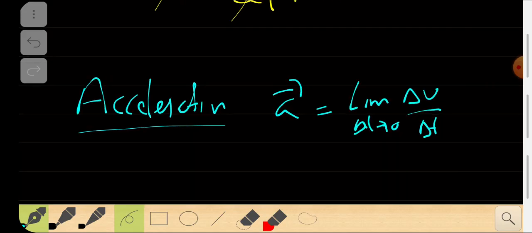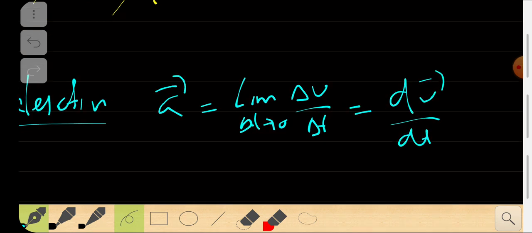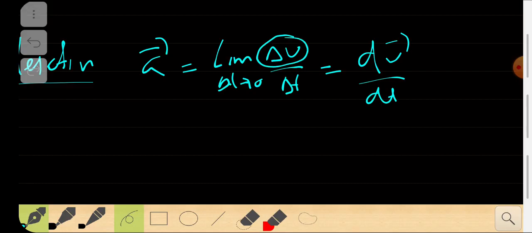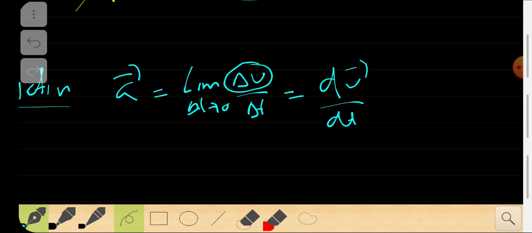That's the textbook definition of acceleration. So you can write it as dv by dt, the differential of v with respect to time. If you substitute that delta v back into this equation from here, that's the velocity change.